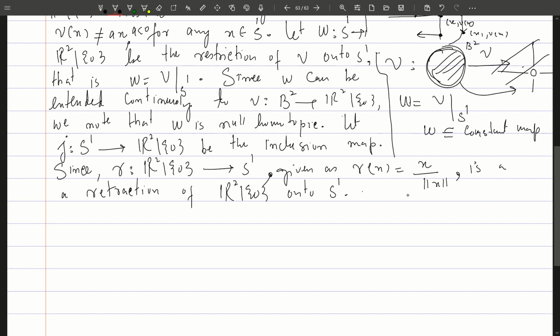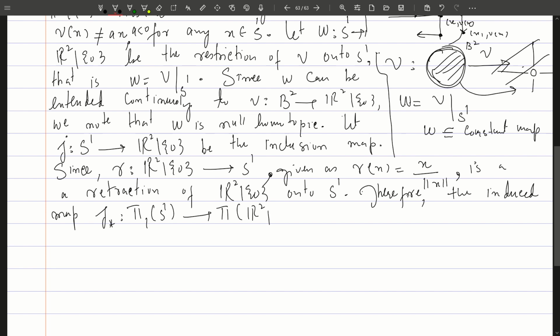Therefore the induced map J star, which is a map between the fundamental group of S1 and the fundamental group of R2 minus 0.